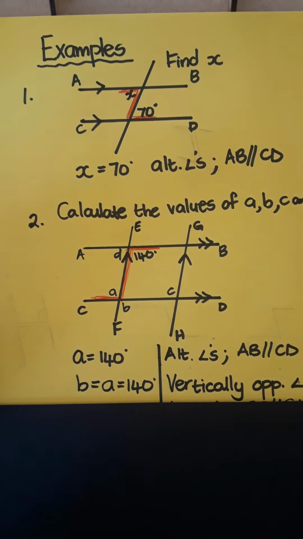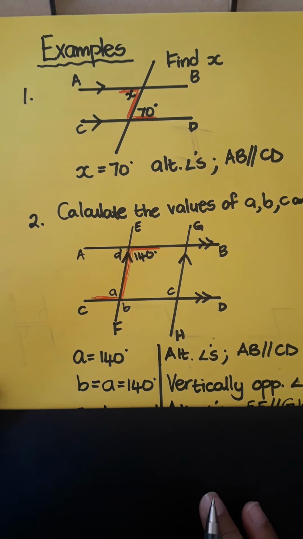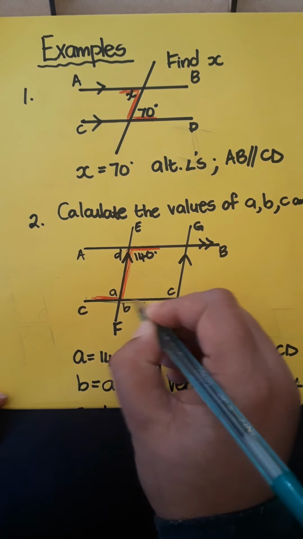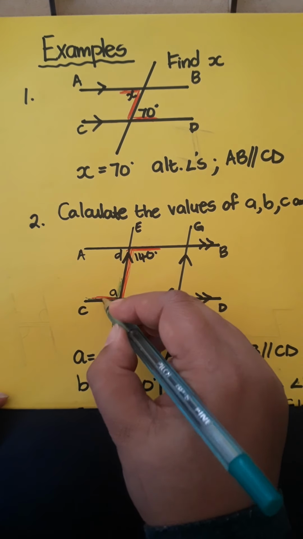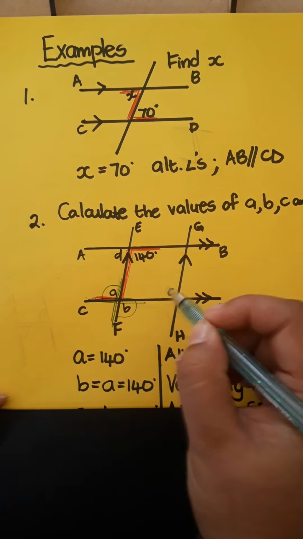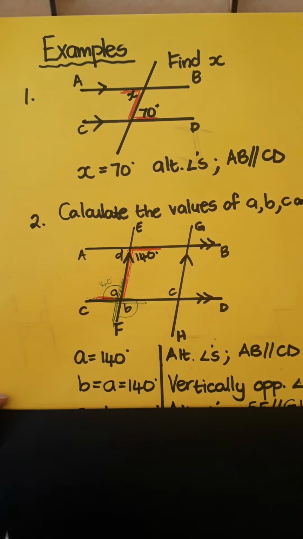Let's move on. Now, guys, I know that I don't have too many colors with me, but what you'll notice is that we have two lines intersecting each other, and this angle is equal to that angle. We already mentioned that this is 140 degrees because A is alternate to 140.